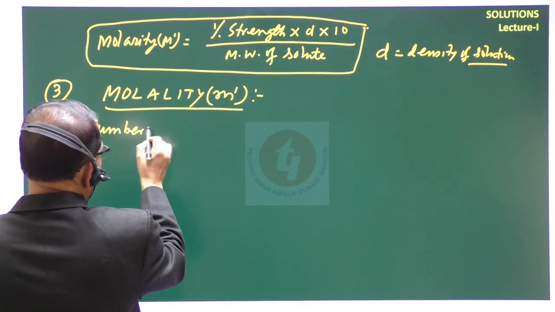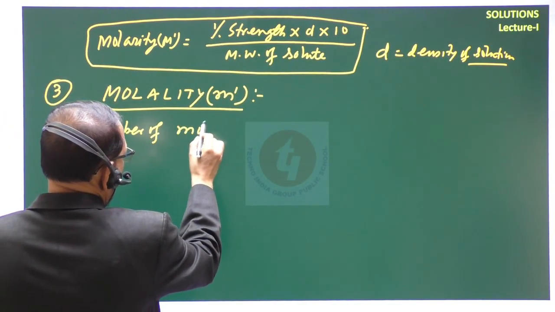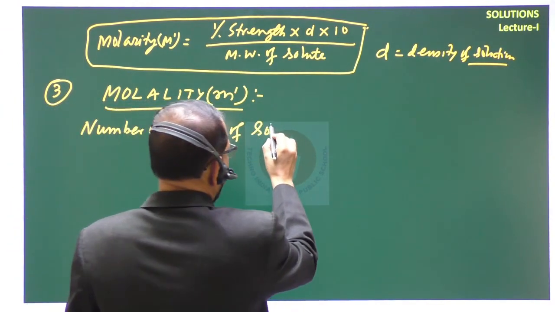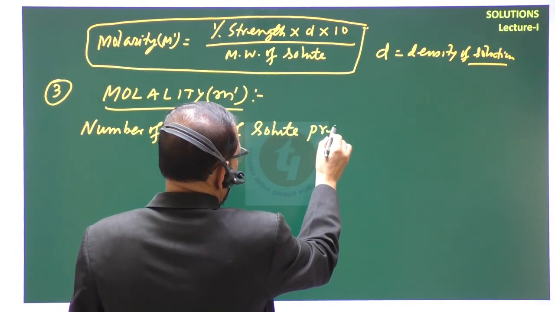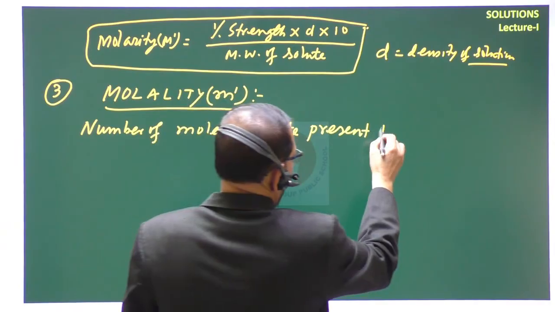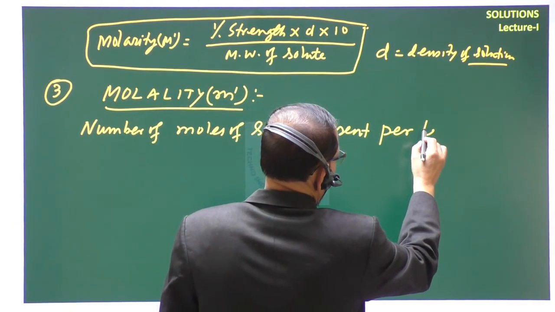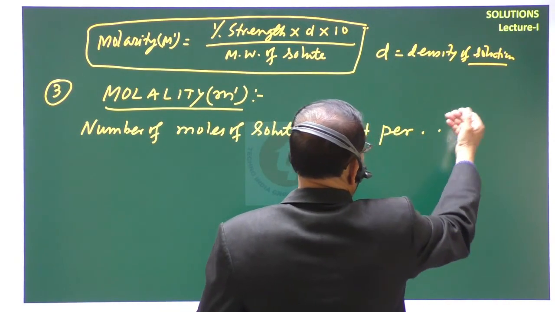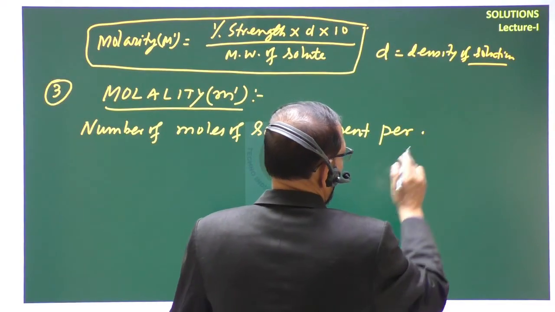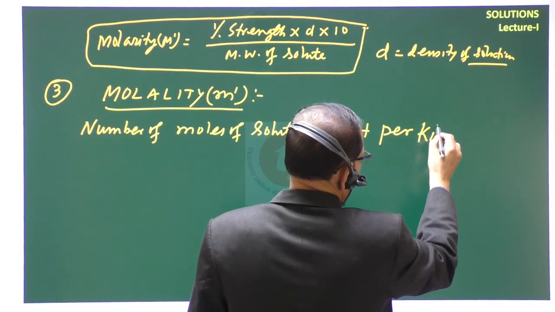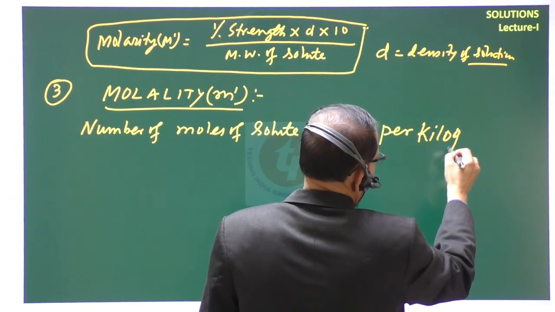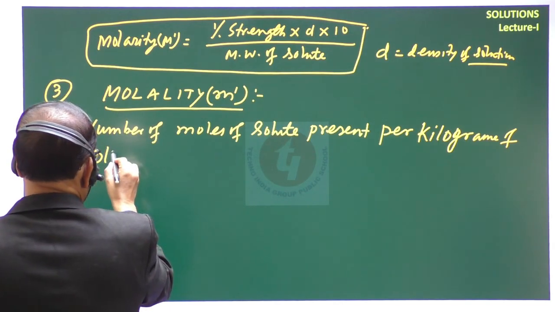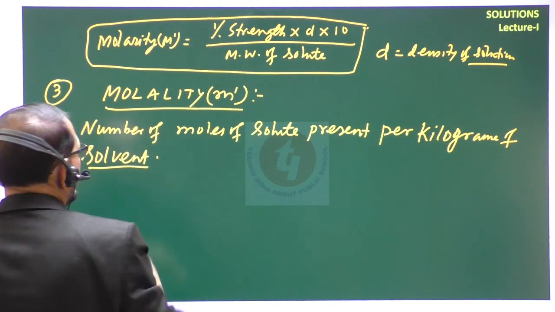The definition is the number of moles of solute present per kilogram of solvent. This is a very important term.